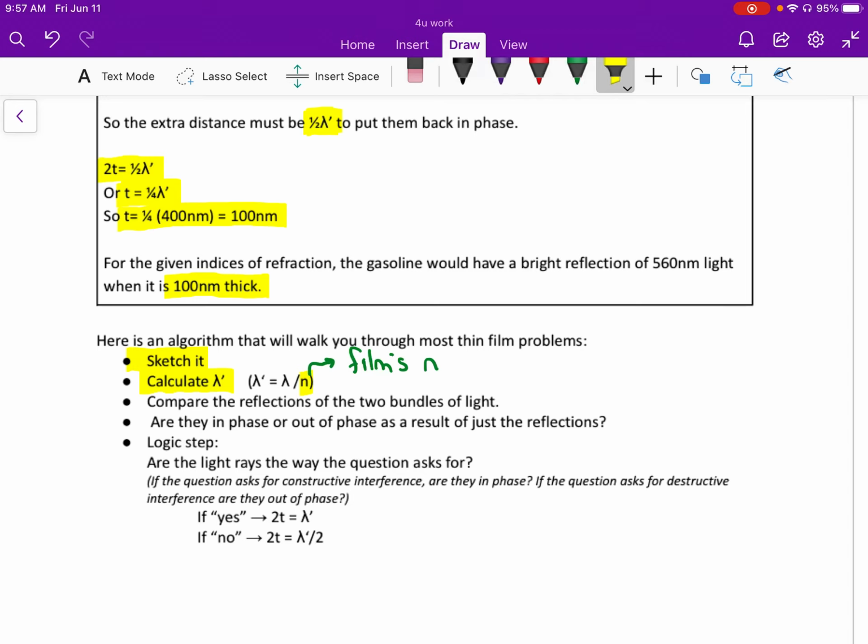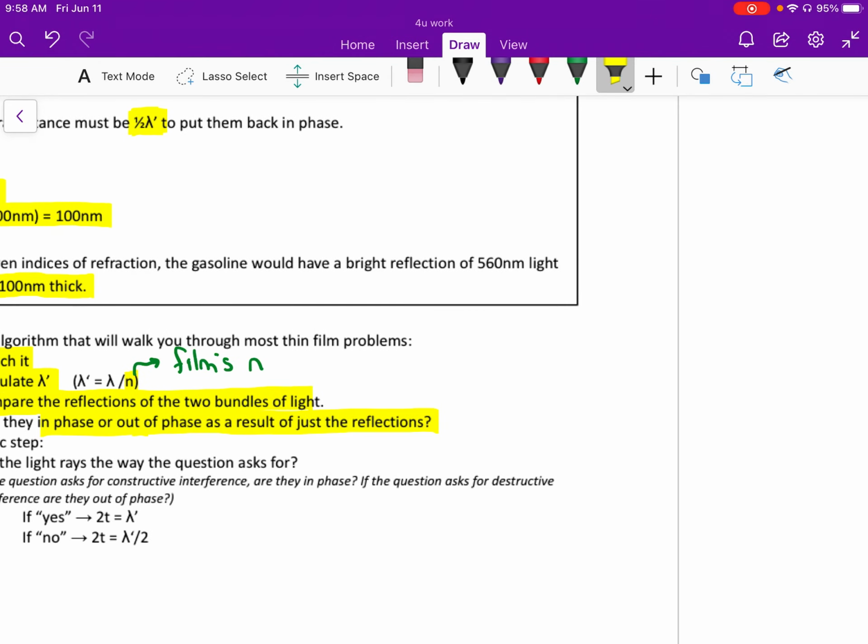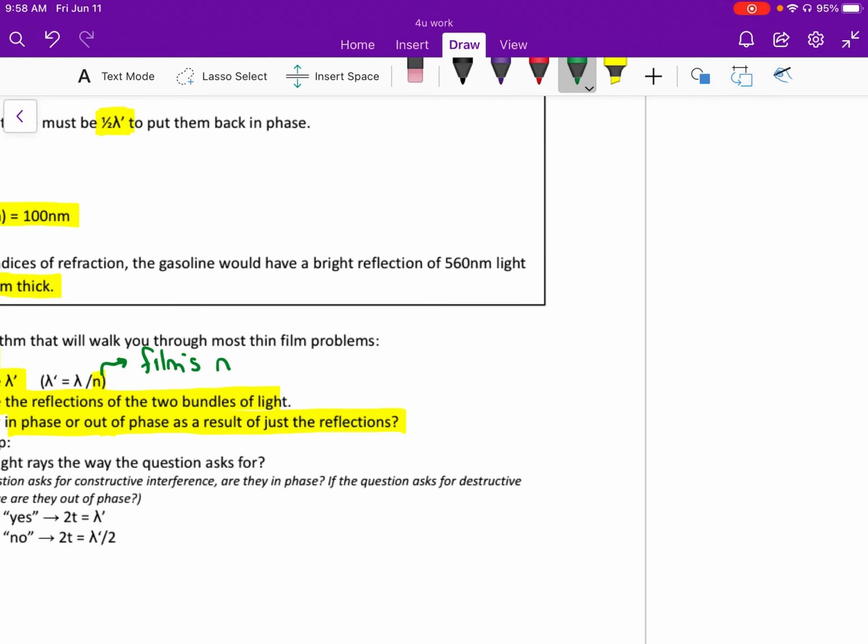Then look at those two important bundles of light, bundle of light number 1 and number 2. Are they in phase or out of phase as a result of just the reflection? And here I can even give you a trick for that. So for this step, in the question we just did, we had a film and then we had the water underneath.